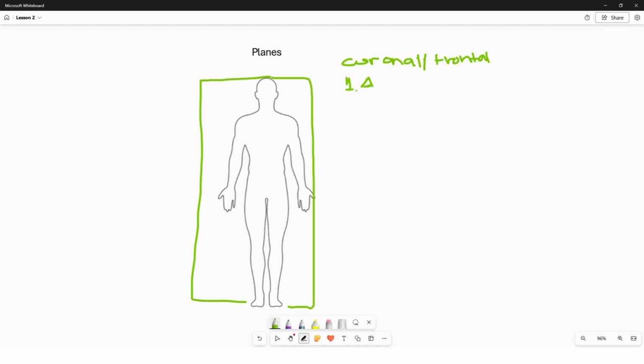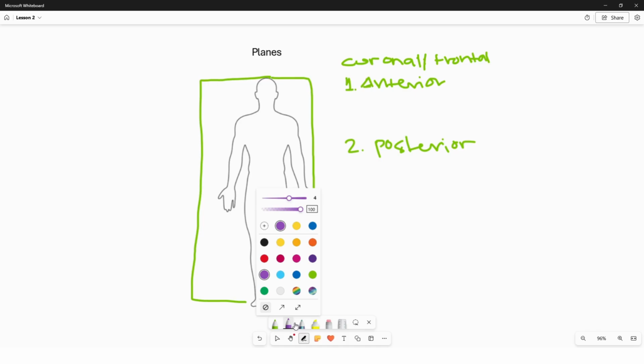And it divides into anterior, which is the front of the body, meaning just the whole front. And then there is posterior, meaning the back or the tail end.